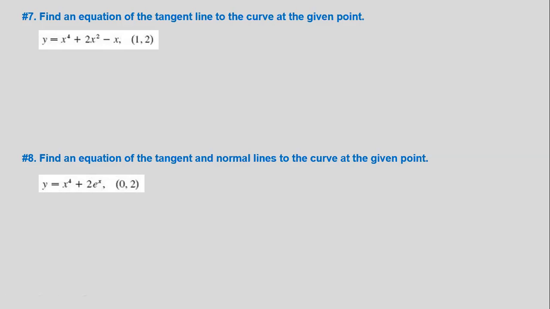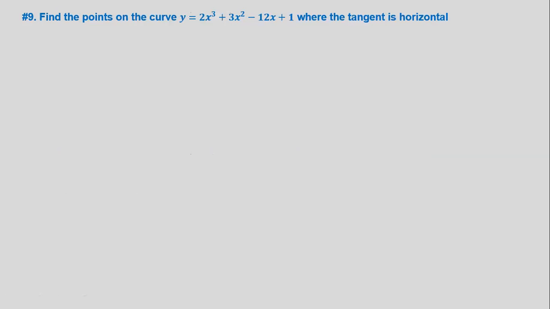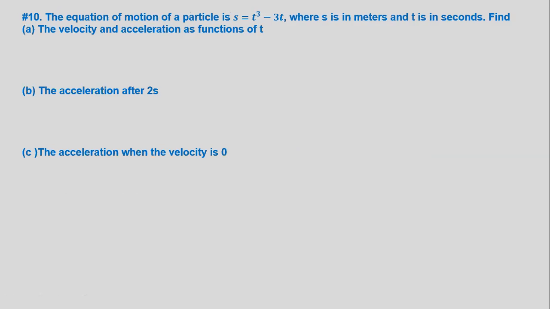This is an application of the derivative, and then this is another tangent line application. Then this problem is very important, and we use it a lot in calculus 1: if they give you a position function, how do you find the velocity and acceleration functions? Those are the problems we are going to cover in this unit.